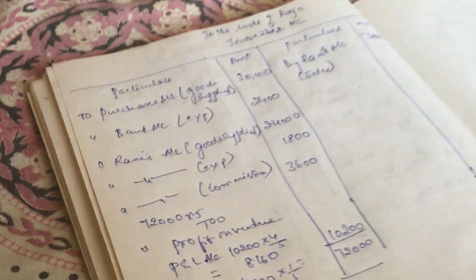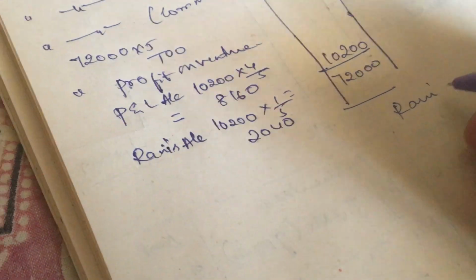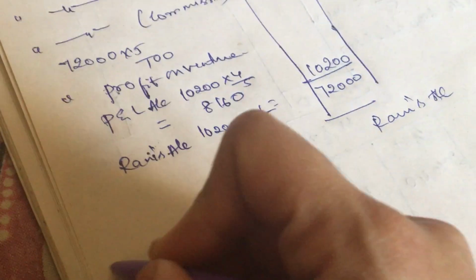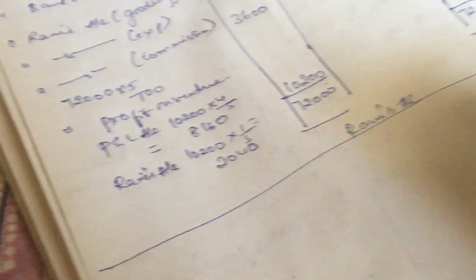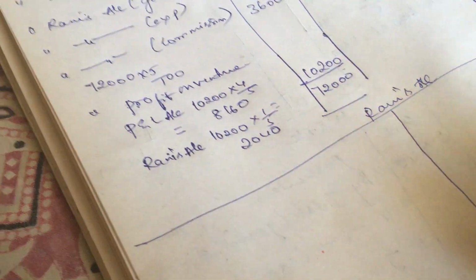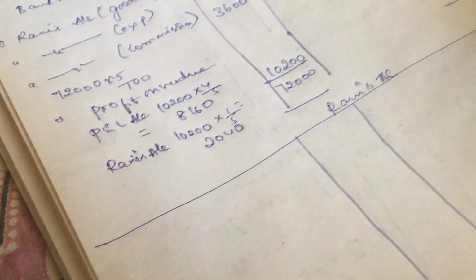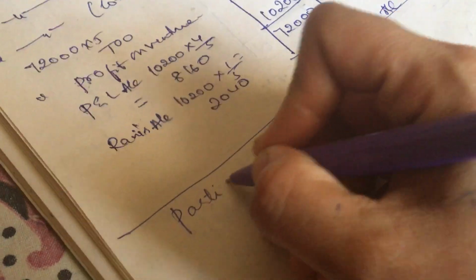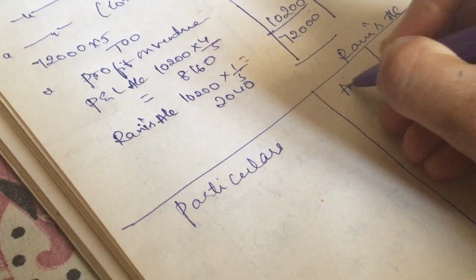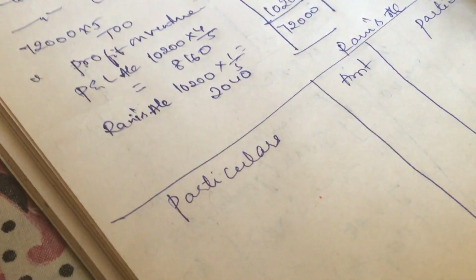Next, the account you have to do is Rani's account. In the books of Raja, you are doing Rani's account. Particulars, amount, particulars, amount.